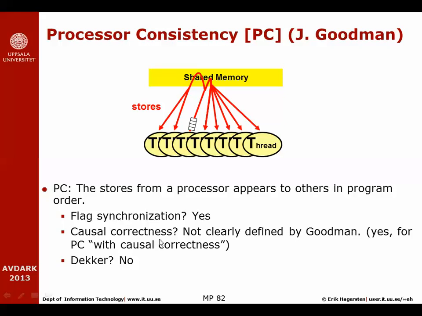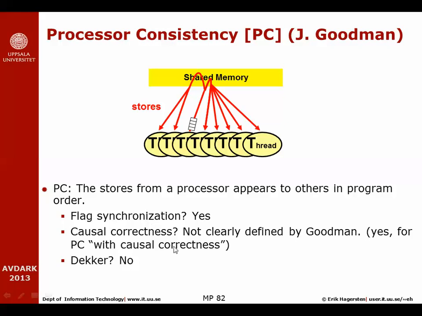Caution correctness, it's actually not clear if it works, because Jim Goodman forgot to cover that case. Other people who have referred to his work say that he probably just forgot to define it. But if you hear somebody talking about processor consistency and you would like to establish the fact that caution correctness is implemented, you really have to specify that, because you cannot assume that from just processor consistency.